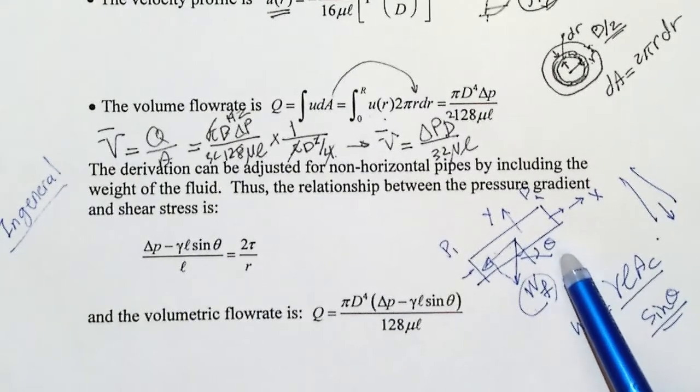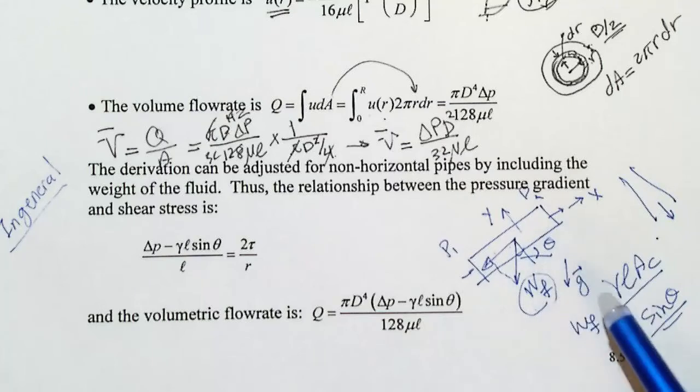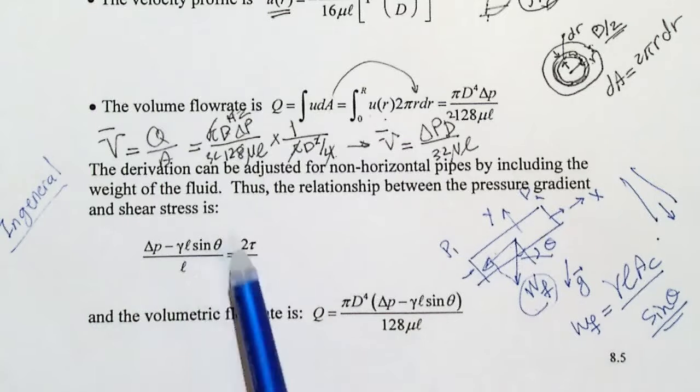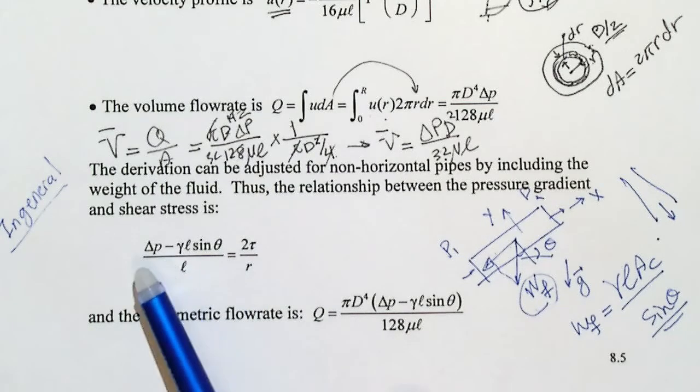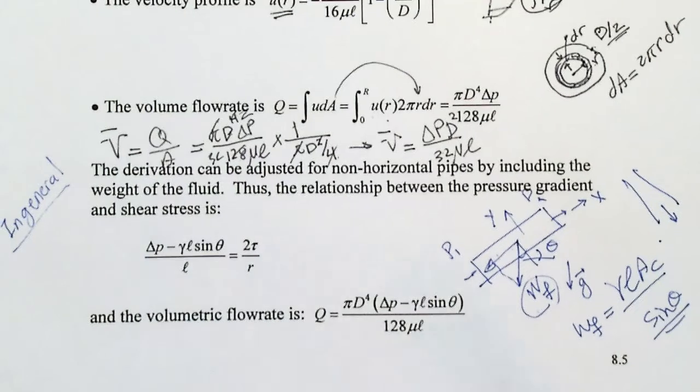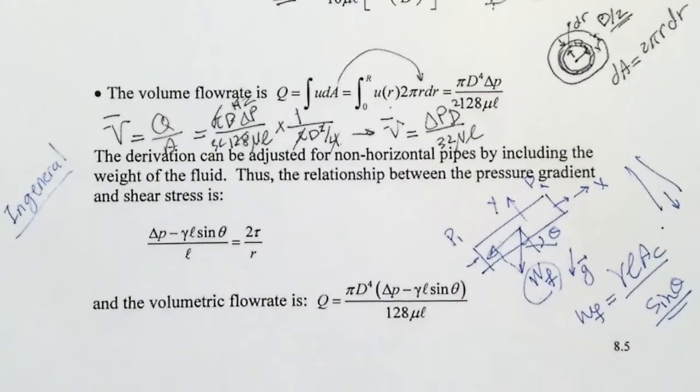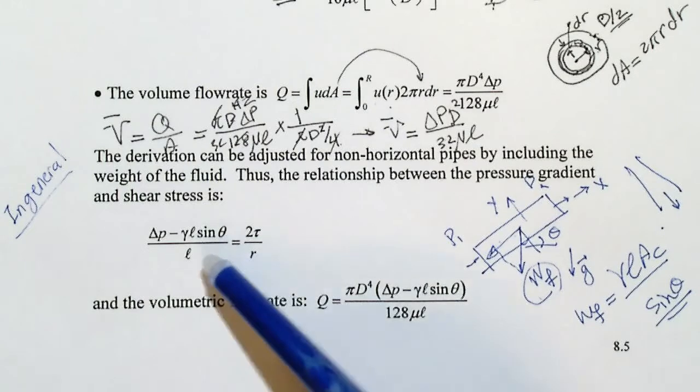But if it is more than pi, for example 5 pi over 4, then the sine of theta has a negative sign and it's going to be positive in total and added to delta P. Okay, these are all different cases, but in general the only term that is the difference between the inclined pipe, which is the more general form, versus the horizontal one, is gamma L and sine of theta going to be added here.